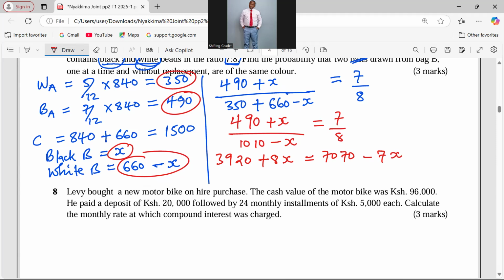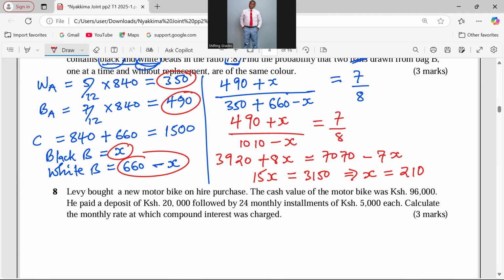Here we can play with like terms, whereby 7x can come to the left, which will be 15x. This is equivalent to 7070 minus 3920, giving me 3150. So the value of x can now be simplified. When we divide by 15, we get 210.